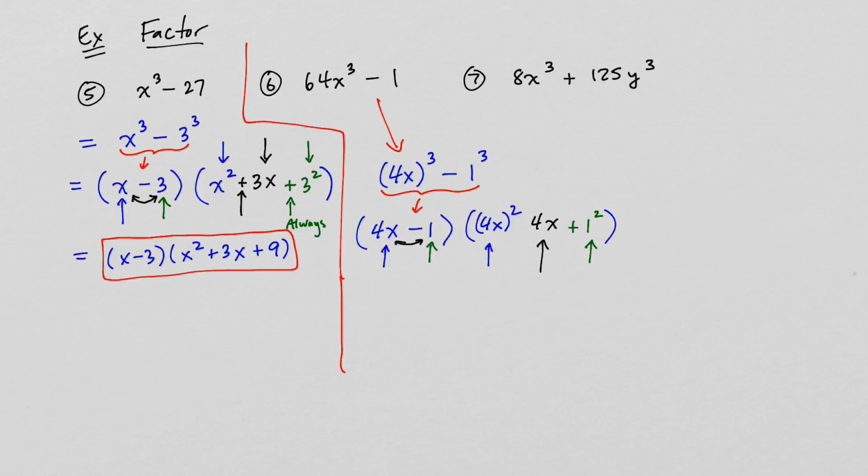And whatever sign you have here, you have to have the opposite sign here. That's it. That's all there is to it. So now we just clean it up. This is 4x minus 1 times 4x quantity squared is 16x squared plus 4x, and of course 1 squared is 1.